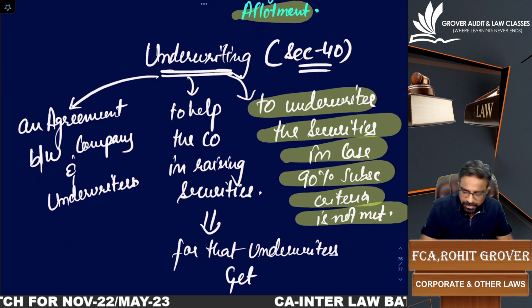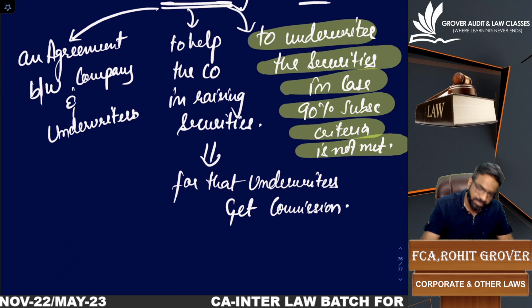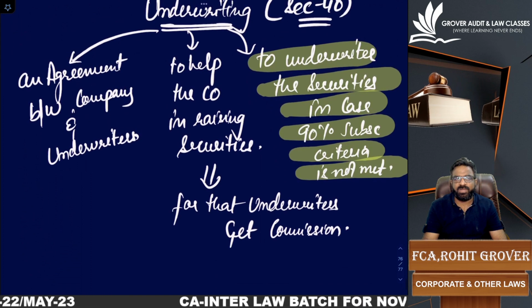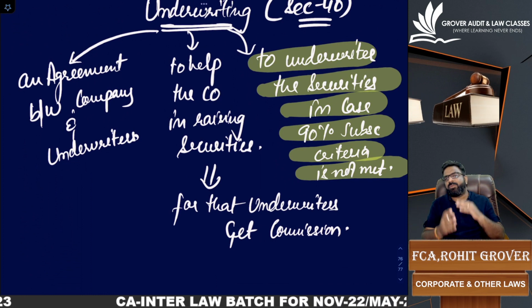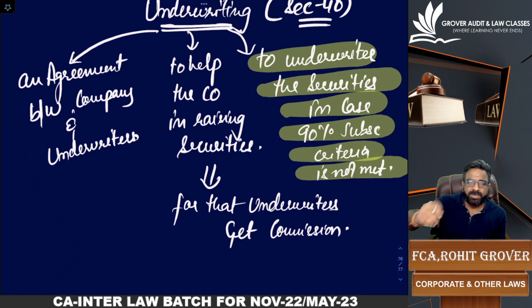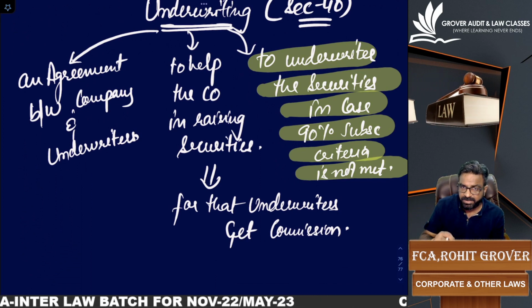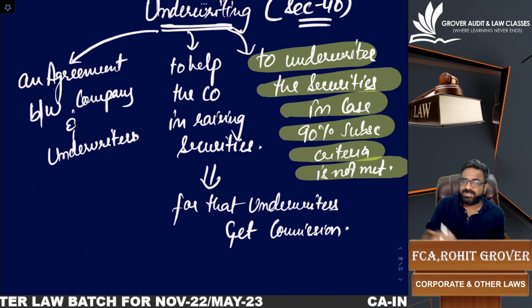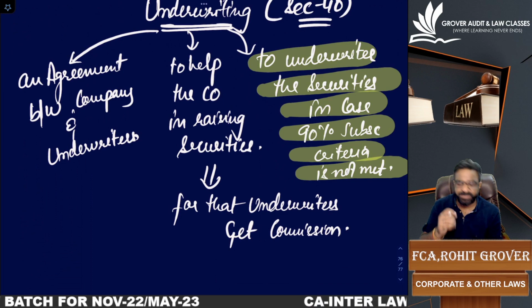Underwriters get commission. Did you all understand the meaning of underwriting? So merge all these 4 points together and you will understand the definition of underwriters. Underwriting is an agreement between the company and underwriters to help the company in raising the securities. For that, underwriters will get the commission to underwrite the securities in case 90% subscription is not met.